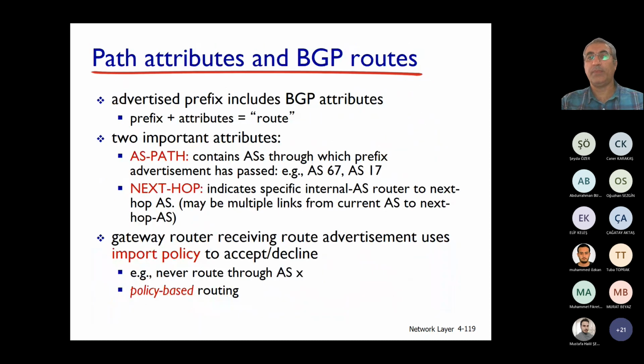Distributing path information, so we use the prefix. What's a route? A route is equal to prefix plus attributes. So when we advertise a prefix, it includes the BGP attributes. There are two important attributes.